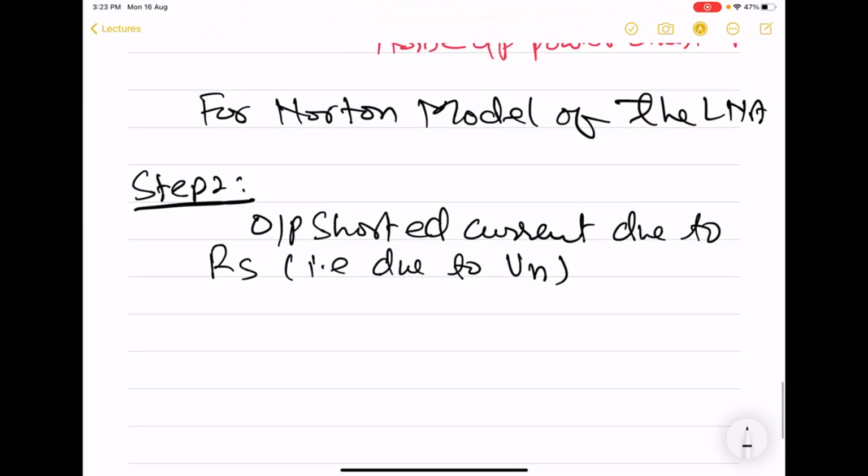So we are going to use basically the superposition principle to find the output current due to each of the sources.